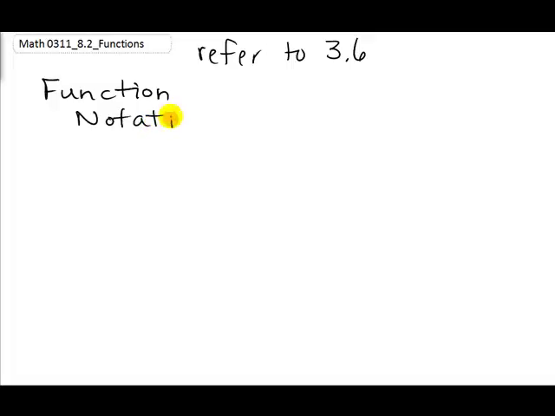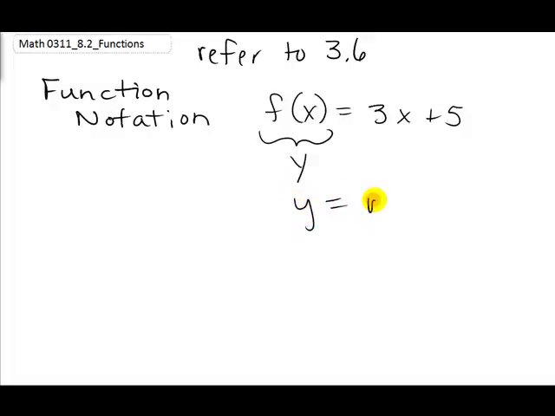And I mentioned this earlier in another section, where when we're looking at f of x equals 3x plus 5, I said this is our y. If we were looking at y equals mx plus b, which is what we graph with our line.